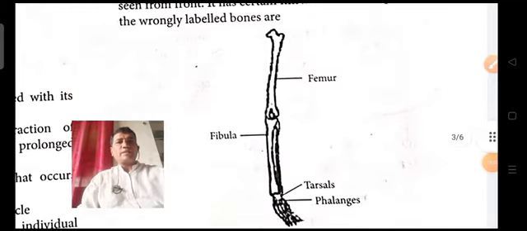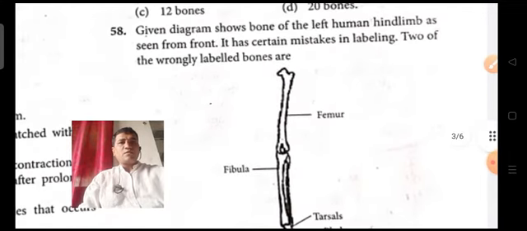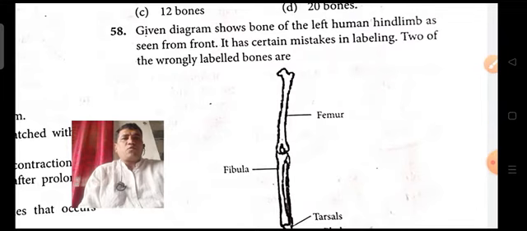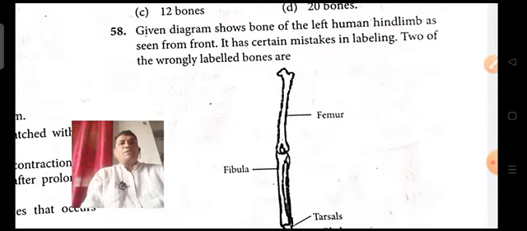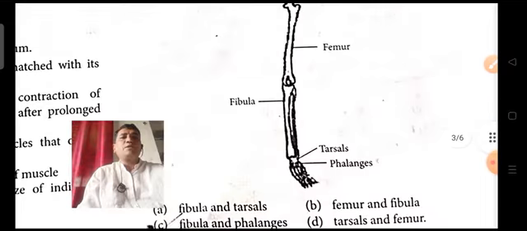This diagrammatic representation is of a human hind limb, and here the labelings were done. What are the two wrongly labeled components here?